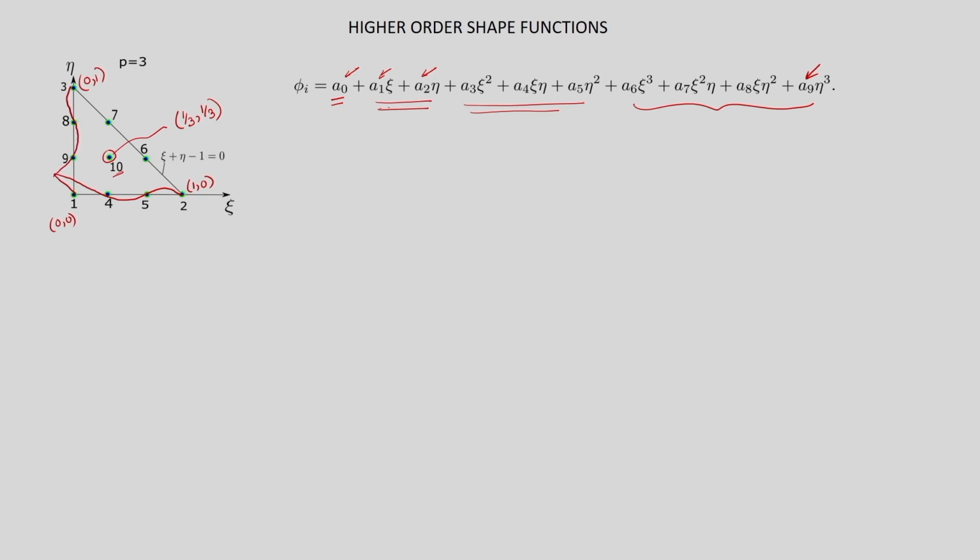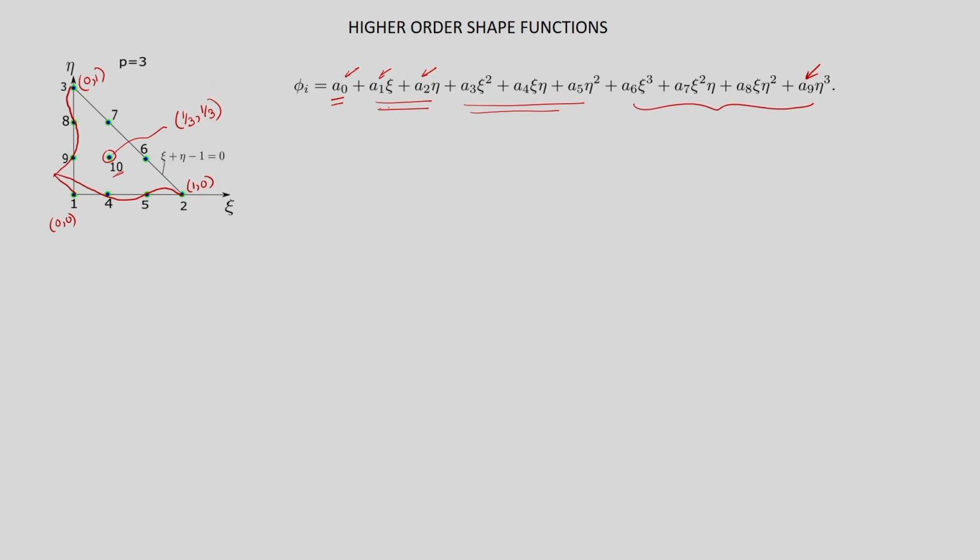So that is how we need to construct the shape functions. We can either put the constraints in the 10 equations and then solve for these 10 unknowns, or we can construct directly by looking at the definition geometrically.